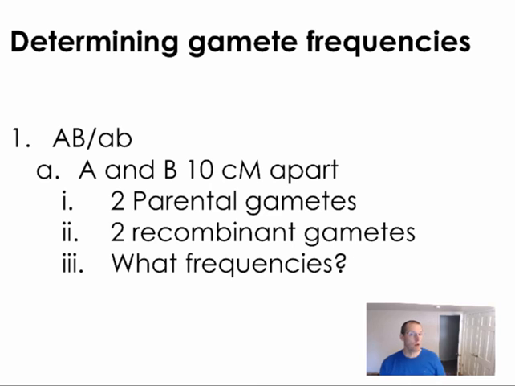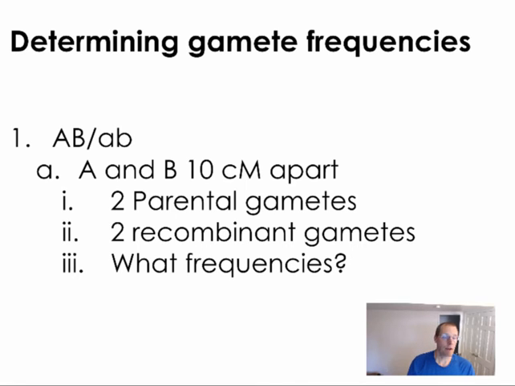Okay, we can also use what we learned about recombination and recombination frequencies to make predictions about gamete frequencies. So the relationship between recombination frequency and map distance can be used to predict the frequencies of recombinant gametes based on the map distances you calculate from the recombination frequency.